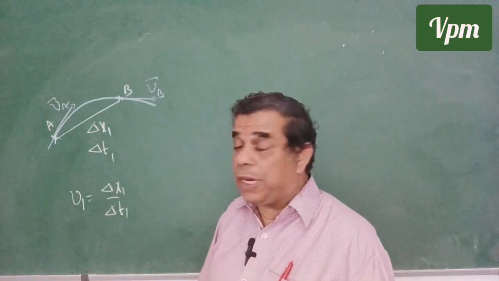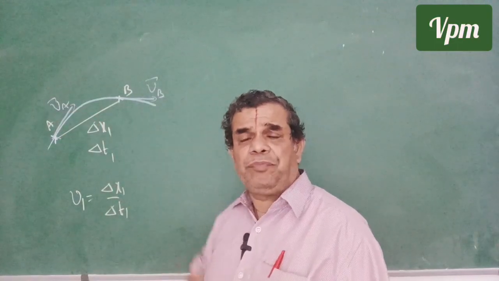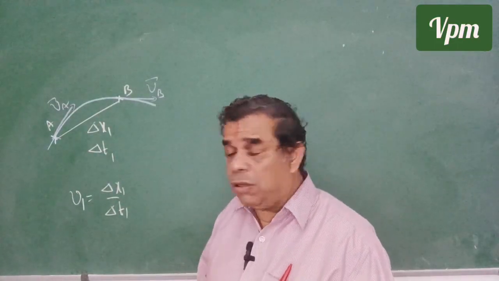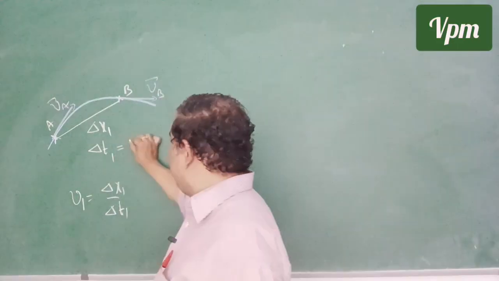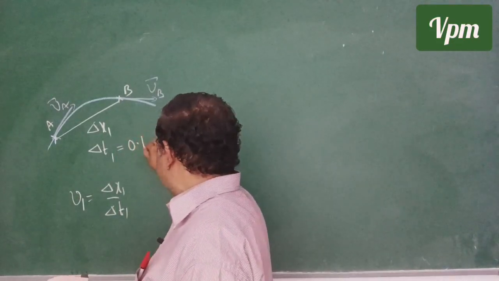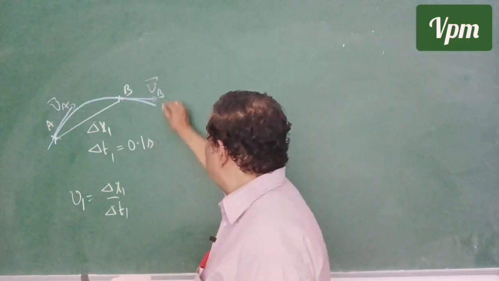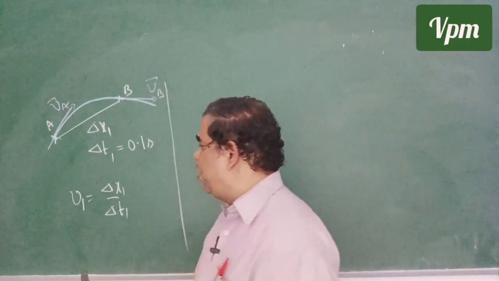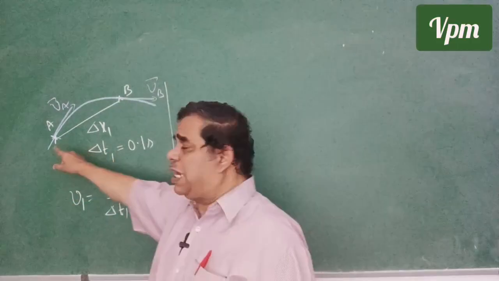But our aim is to get velocity exactly at A, what we call as VA. How to do that? So here, for the sake of clarity, I take delta t as 0.1 second. In the next idea, what I want is the velocity at A.